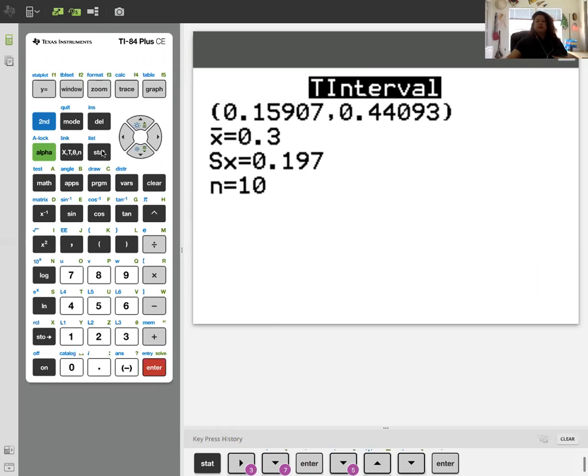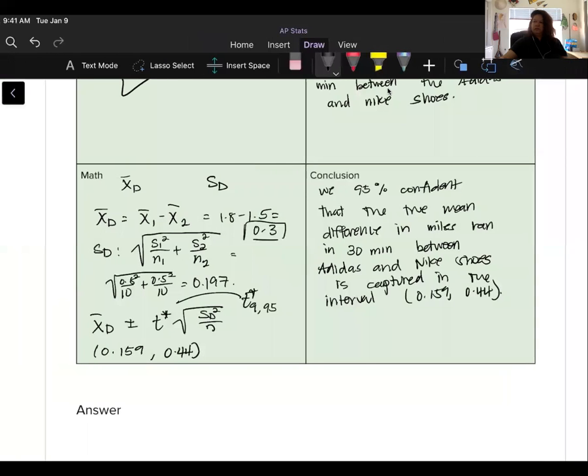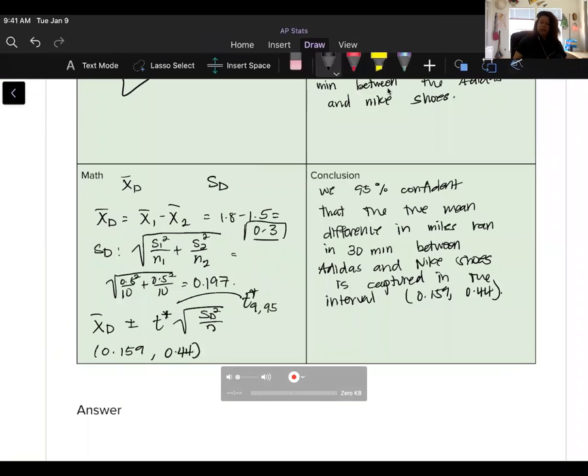Okay. So we are 95% confident that the true mean difference in miles ran in 30 minutes between Adidas and Nike shoes is captured in the interval of 0.159, comma 0.44.